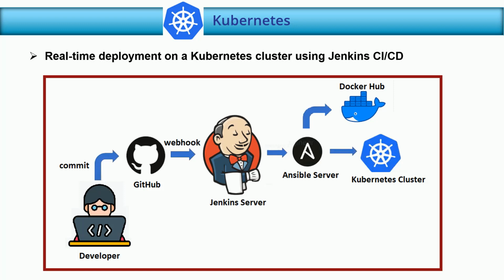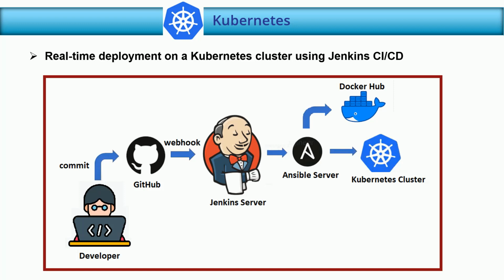In the Jenkins pipeline, the first stage is your Git checkout. So basically in the Git checkout, it is going to clone the entire repository from GitHub to the Jenkins server. Suppose the developer has created 10 files for this project, and all the 10 files your developer has pushed to the GitHub repository.